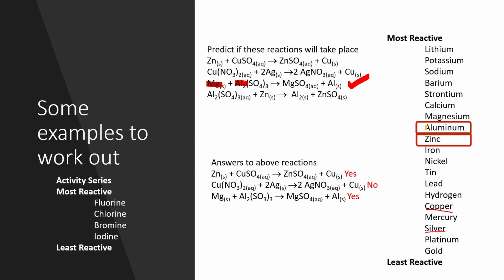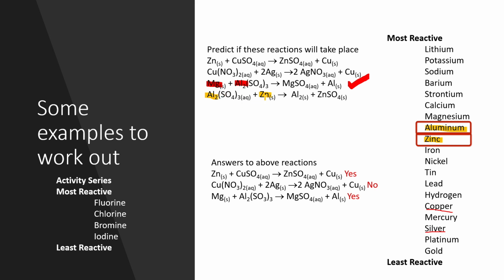Aluminum we have here. Aluminum is in the compound and zinc is over here. So aluminum is more reactive than zinc. So aluminum is present in the compound and it's more reactive, therefore it will not undergo any more chemical change. Zinc is an element, is less reactive, remains as an element.